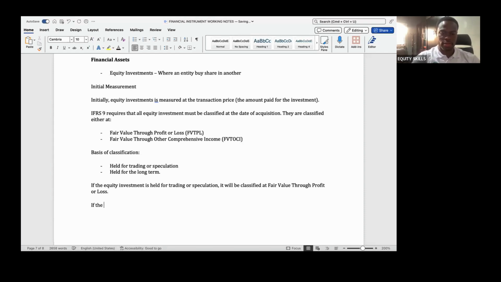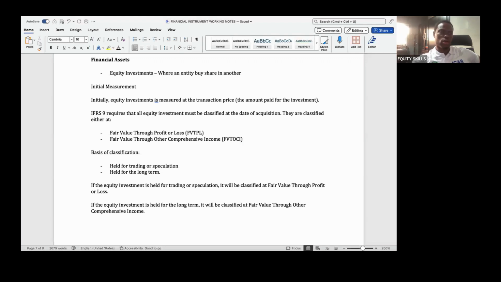But if the equity investment is held for the long term, then it will be classified at fair value to other comprehensive income.